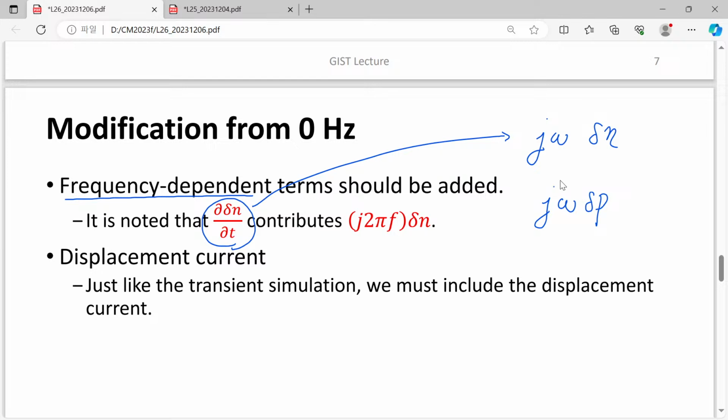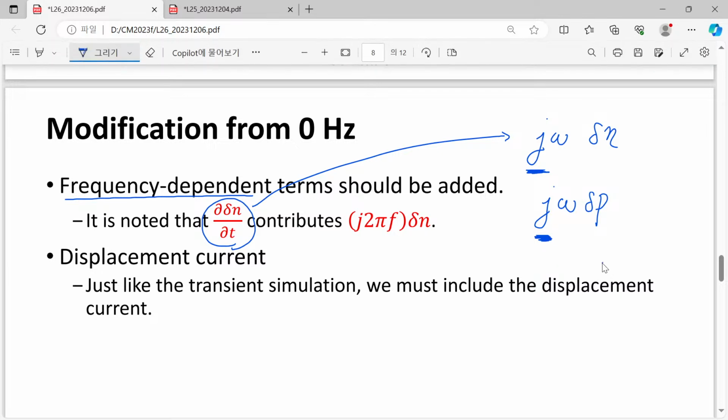Of course, please note that this one is related with this imaginary number. So now your A matrix is no longer a real matrix. It is now a complex matrix. So please adjust your code to adopt this kind of complex matrix.